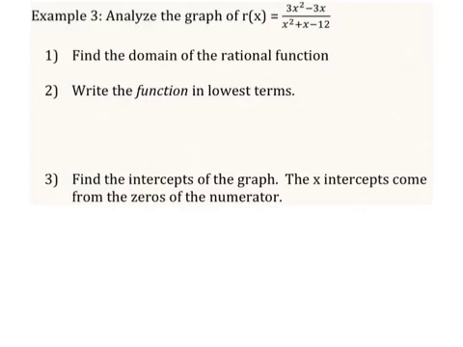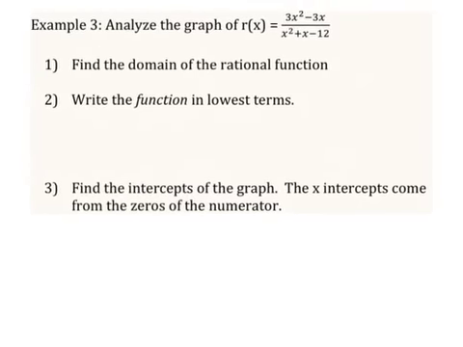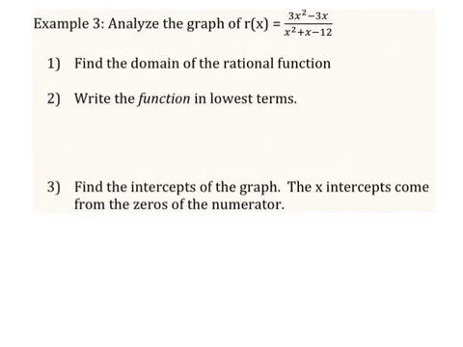Alright. Okay, so here we've got a function. The domain of the function is going to be when x squared plus x minus 12 is set equal to 0. So x plus 4, x minus 3 equal to 0.